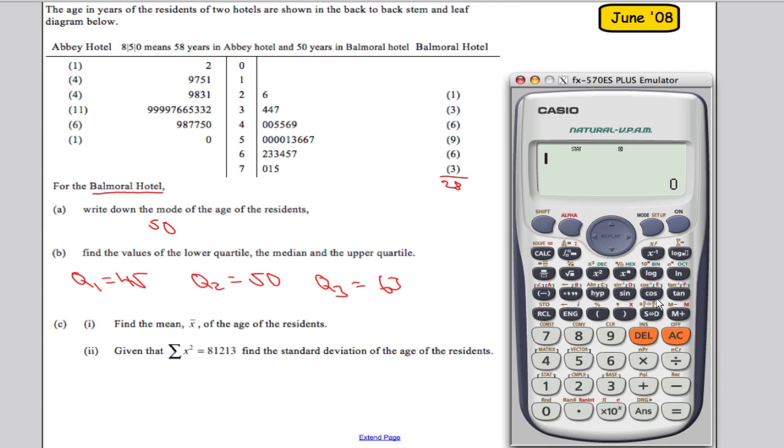We can leave it in frequency mode like so, as long as we just leave all the frequencies as 1. Or you can hit Shift, Setup, and turn off the frequencies, and now if I go mode, stat, single variable, it just asks me for each value.